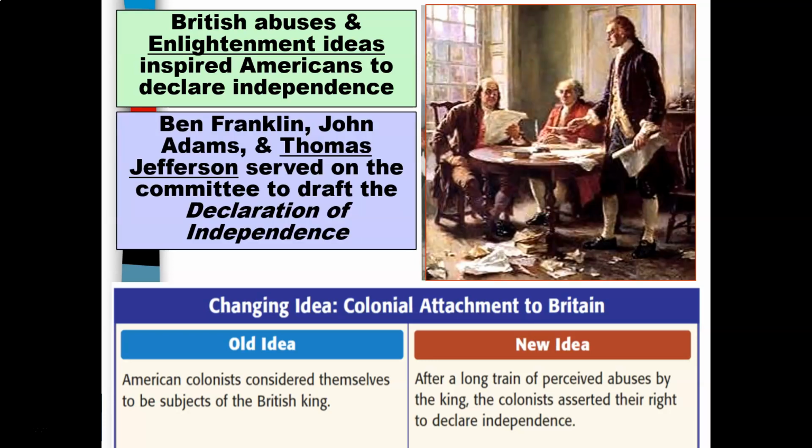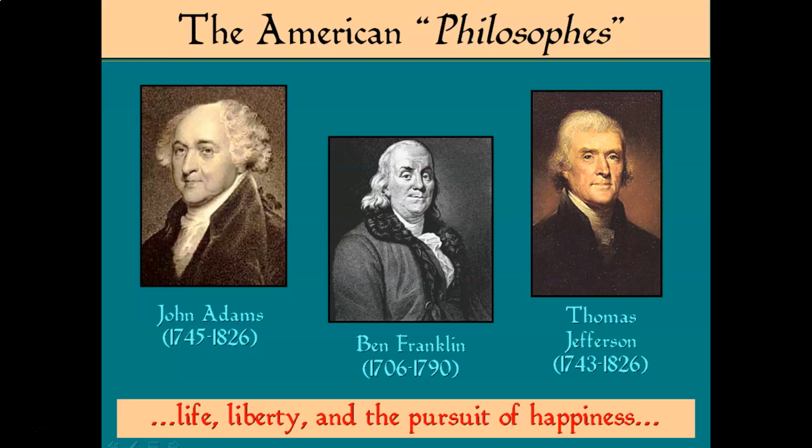Benjamin Franklin, John Adams, and Thomas Jefferson served on the committee to draft the Declaration of Independence. And these are the three American philosophers: John Adams, Benjamin Franklin, Thomas Jefferson. And the main goal was life, liberty, and the pursuit of happiness.